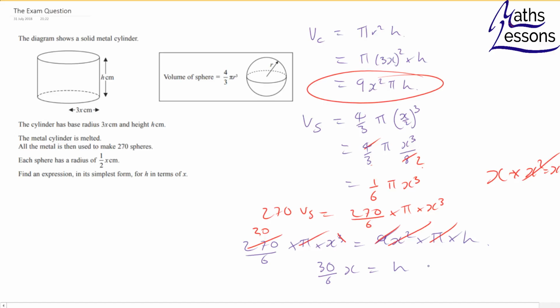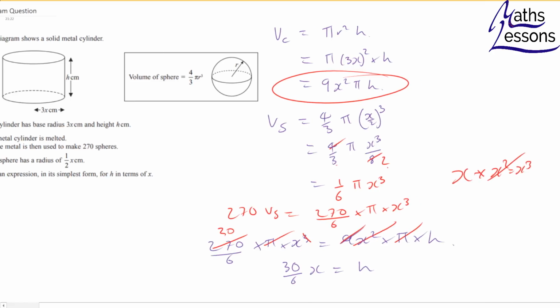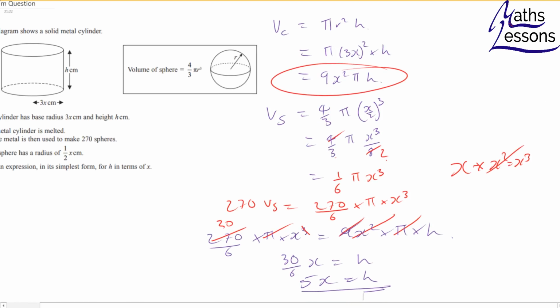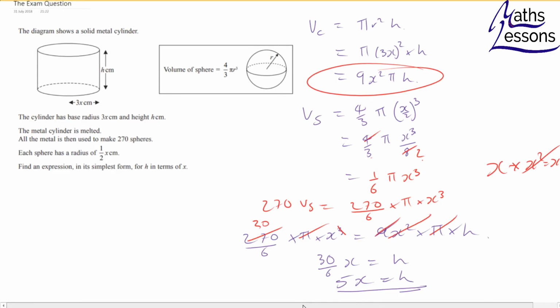And then 30 divided by 6 is equal to 5, so h equals 5x, and that's the answer to that question.